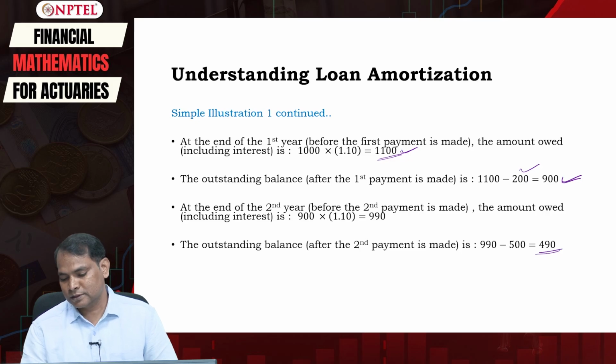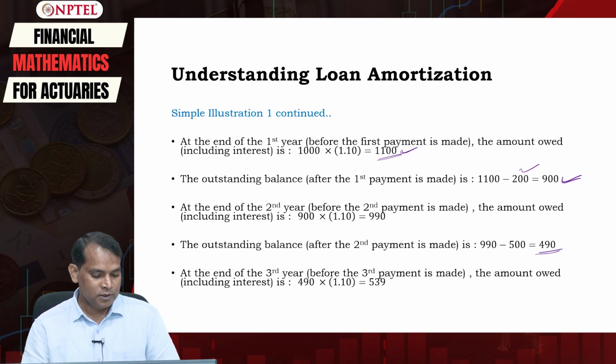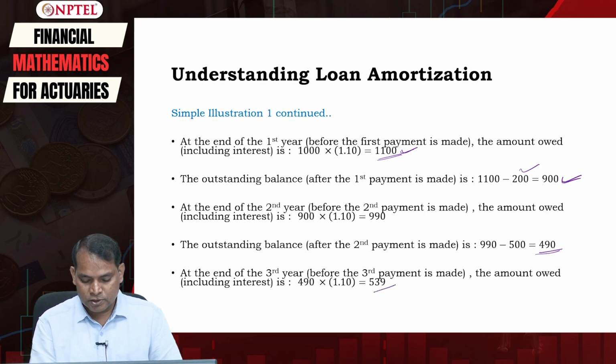Remember that, like the interest, the 490 also earns interest at the rate of 10%, and therefore you need to add this amount and then finally close the account. Okay, so at the end of the third year, the amount owed is 490 multiplied by 1.10, which amounts to 539. This is the final payment you need to make.